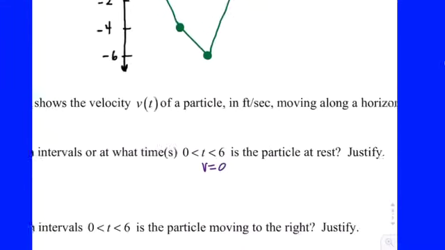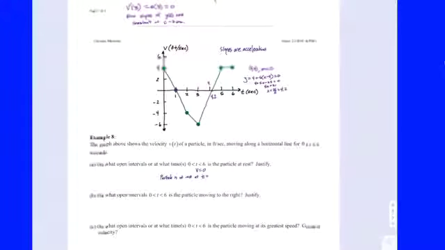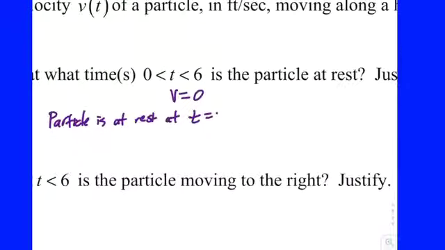And so now I'm ready to answer the question. The particle is at rest at t equals 1 and 4.2. At t equals 1 second and t equals 4.2 seconds. Because those are part of our answers, we want to make sure we put units.